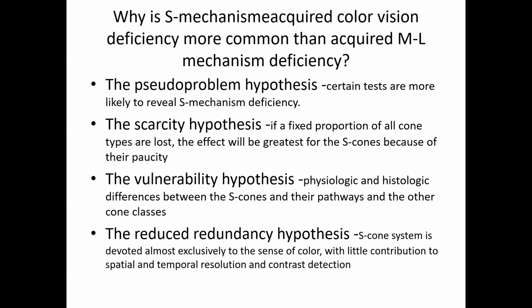The vulnerability hypothesis: the physiological and histological differences between S cones and their pathway and the other classes of cones make them more vulnerable in cases of diabetes mellitus and glaucoma.